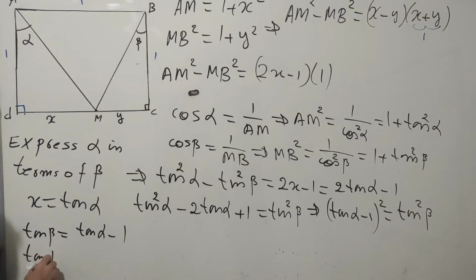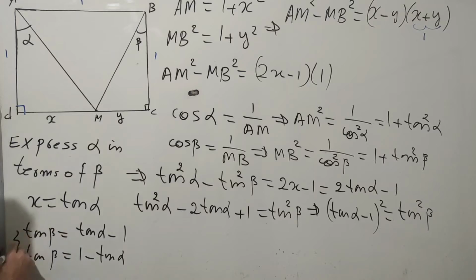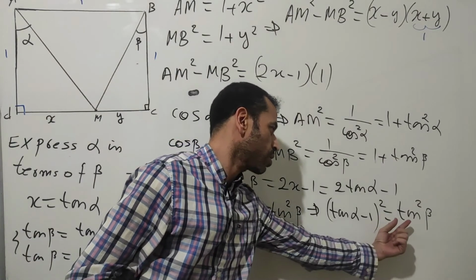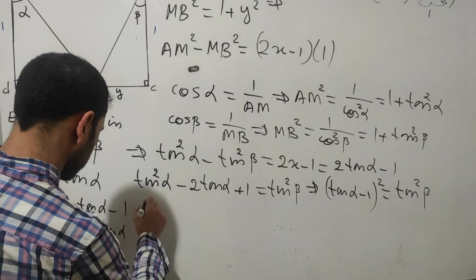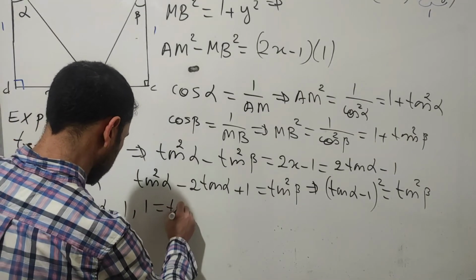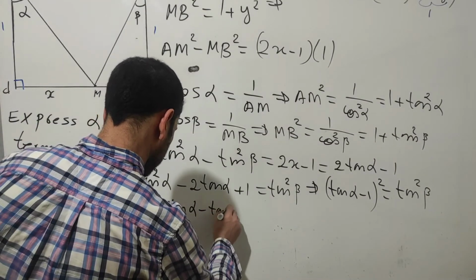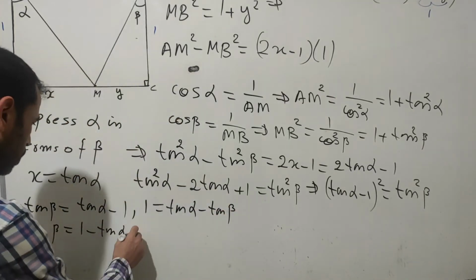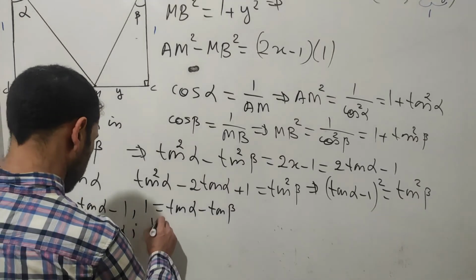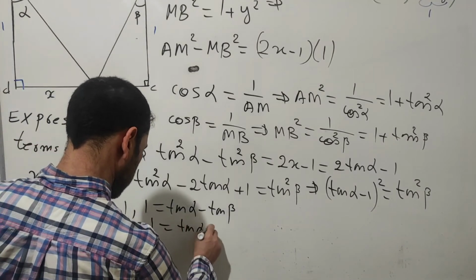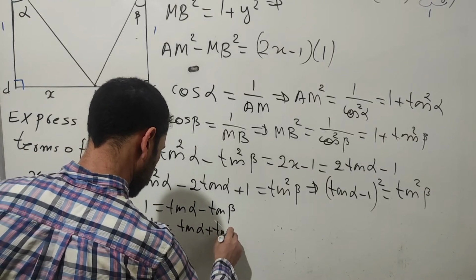or tangent beta equals 1 minus tangent alpha. If this one is positive, it gives us positive 1. If this one is negative, then 1 equals tangent alpha minus tangent beta. Taking minus tangent alpha to the left, I will have 1 equals tangent alpha plus tangent beta.